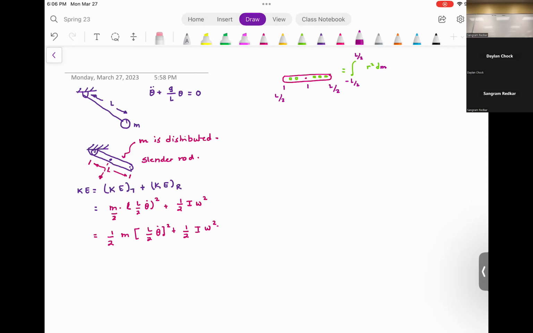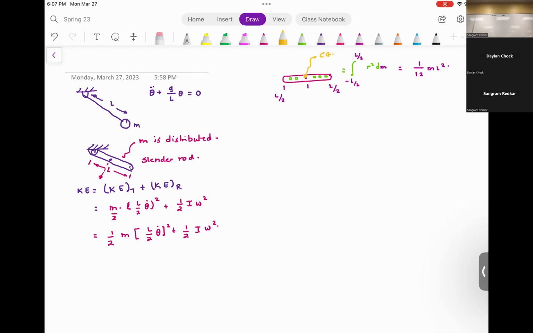And then you can integrate this, and you will get the equation for mass moment of inertia, which is 1 by 12 m L square. So I for this slender rod is going to be m L square by 12. And please try to understand, this mass moment of inertia is about this point, the centroid.